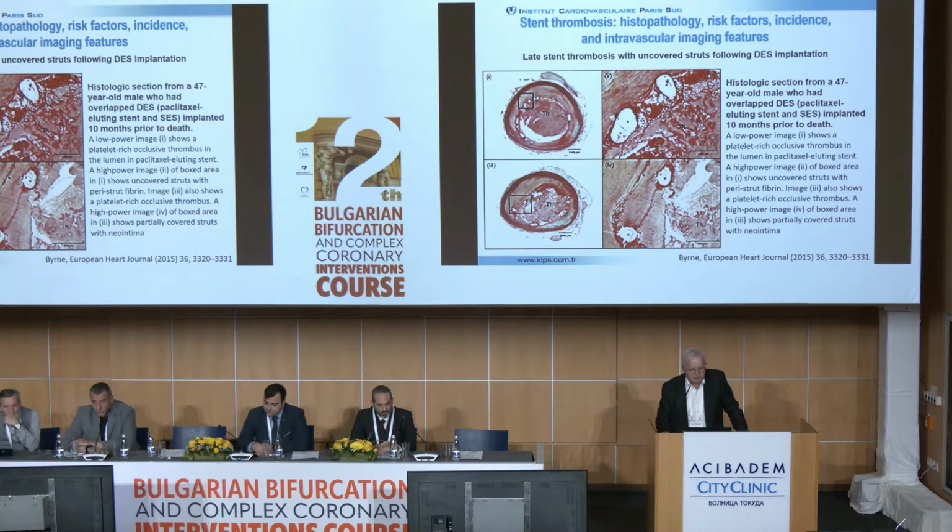You can see on this slide, bottom right, struts that are not covered, not endothelialized, and in front of this, immediate thrombus. And at the bottom, you have other struts, bottom right, which are covered by neointima.